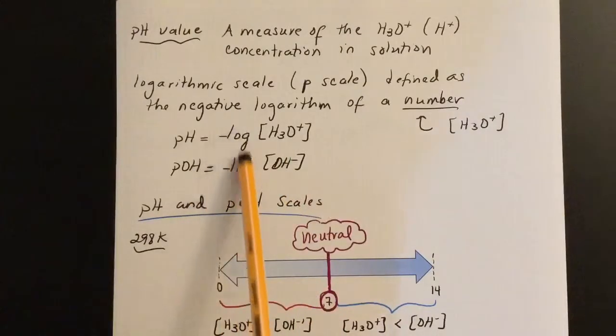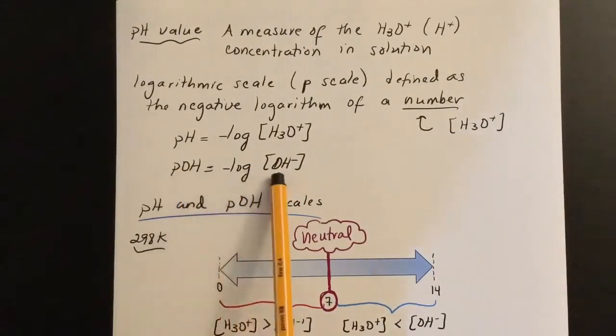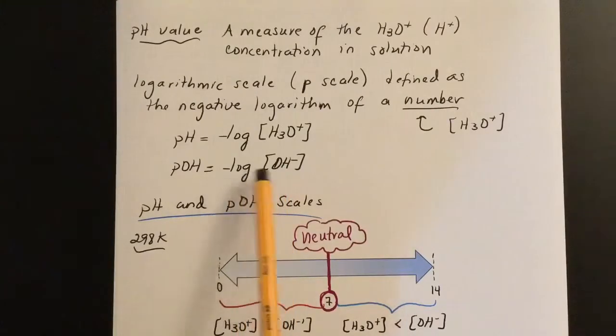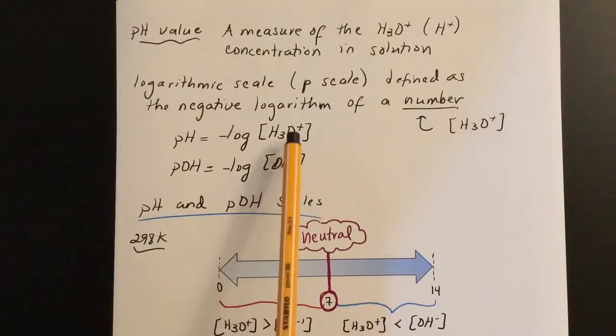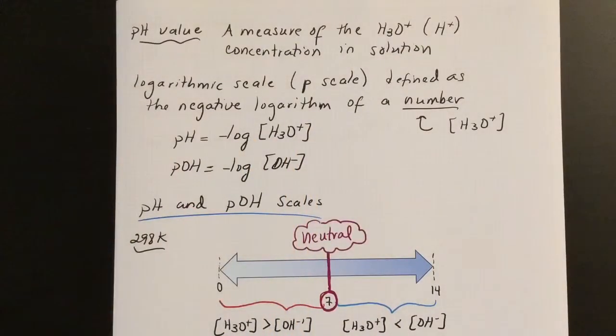The second equation is very similar, based on the hydroxide concentration in solution, how basic something is, how acidic something is. H3O plus is what we associate with acidic substances. Hydroxide is what we associate with basic substances, the hydroxide part.